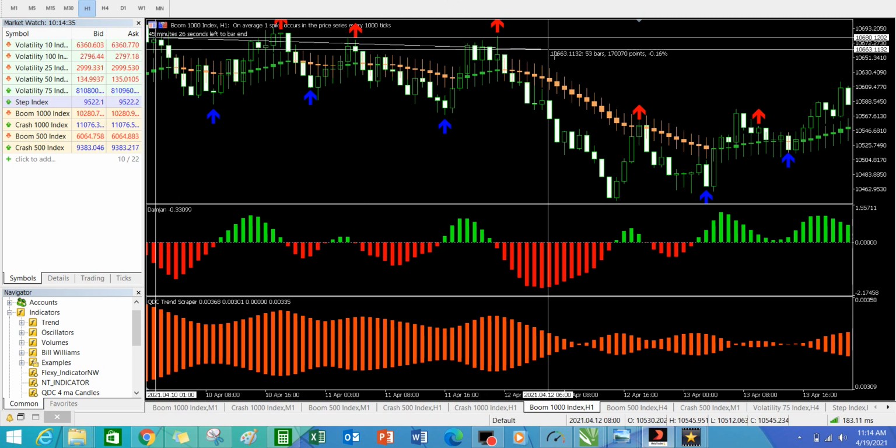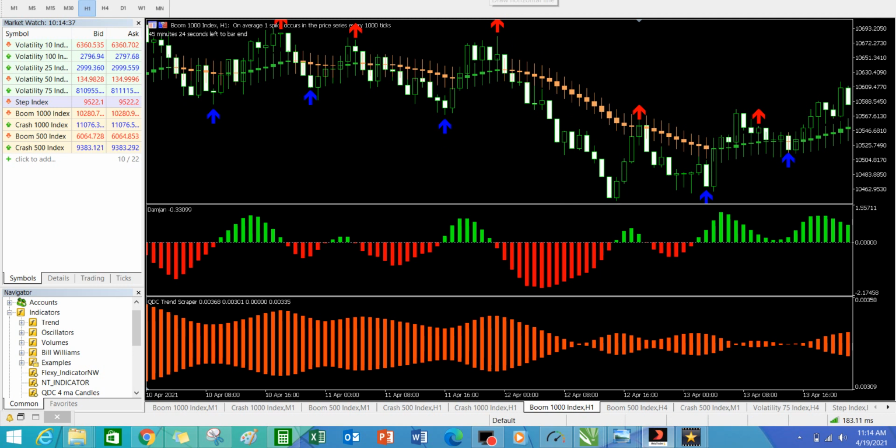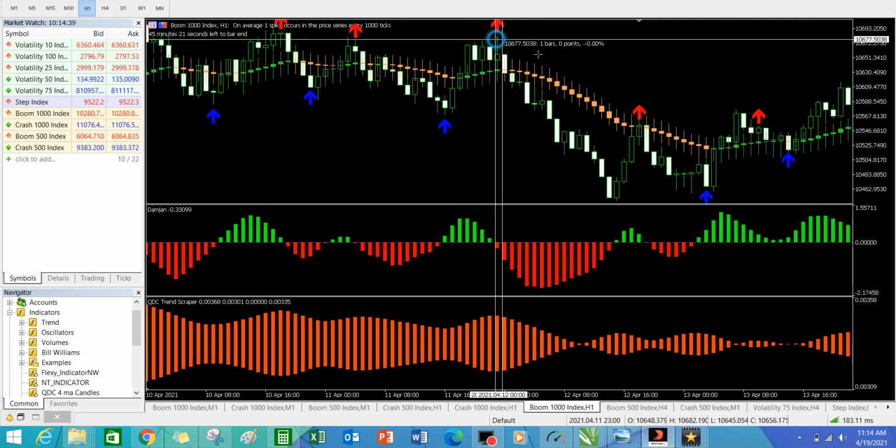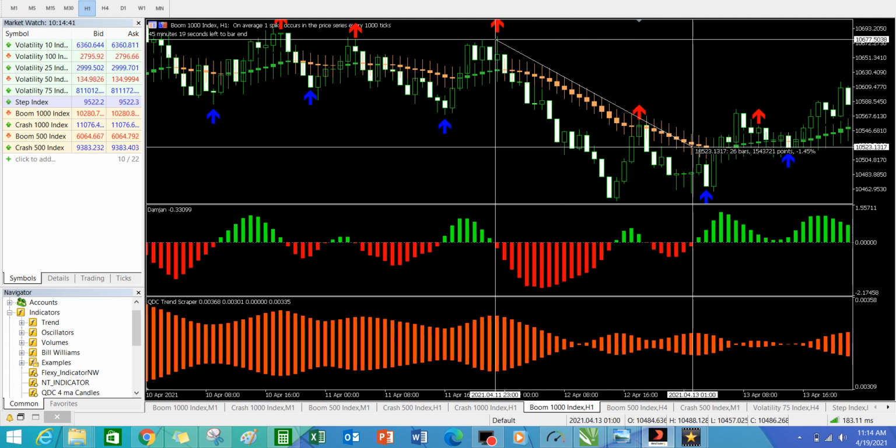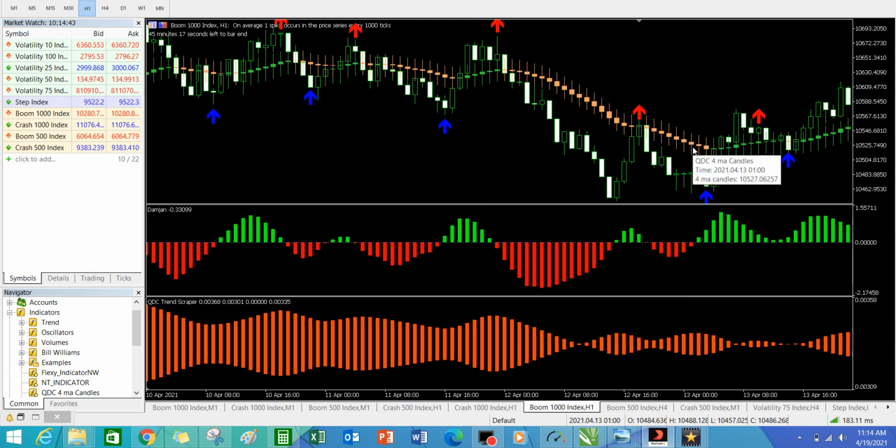Can you see, even here it is still at the resistance level. So you can always use that to milk the market successfully. If you don't know how to identify the resistance level, the arrows will definitely show you. Since the market is on a downtrend, you should follow the sell arrows, the sell signals.